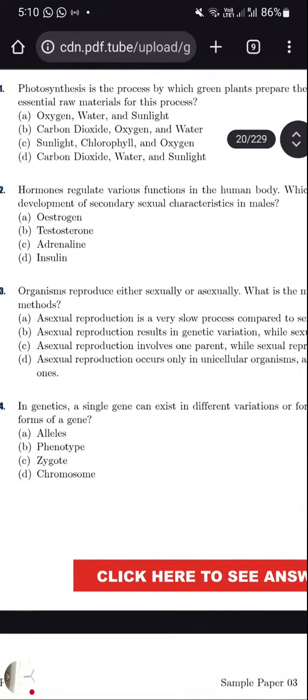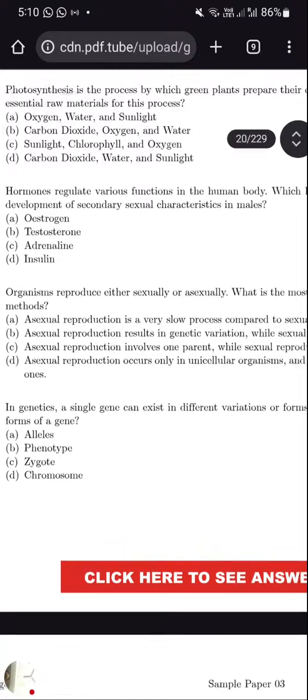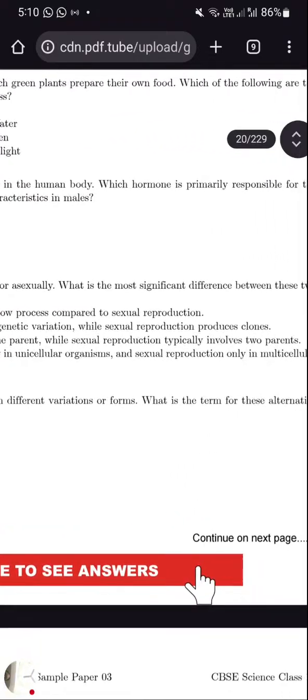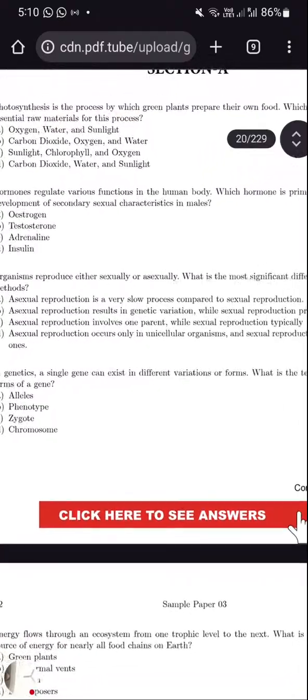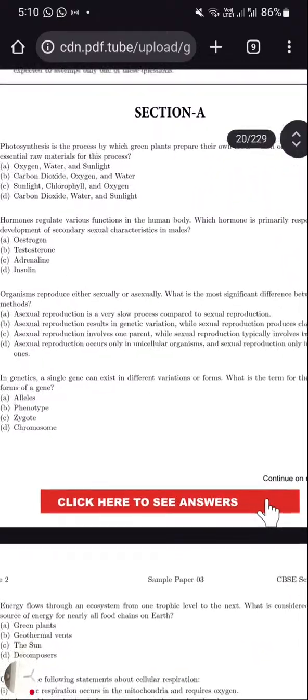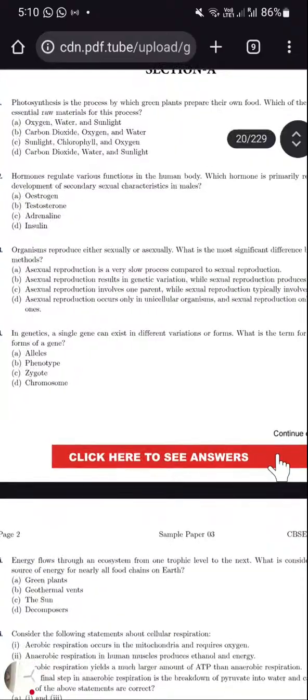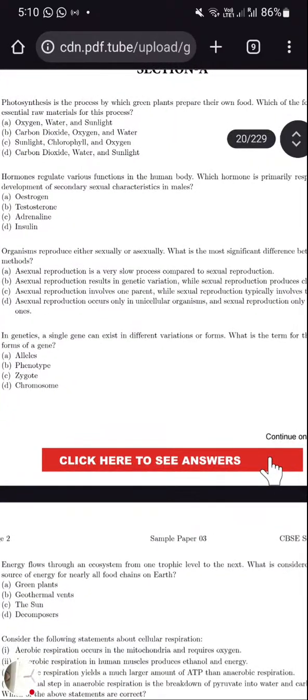Which hormone in the human male is responsible for secondary sexual character? Third question, organisms reproduce either sexually or asexually. What is the most significant difference between sexual and asexual? And fourth one, in genetics, a single gene can exist in different variation forms. What is the other name for gene? So if you complete all four.